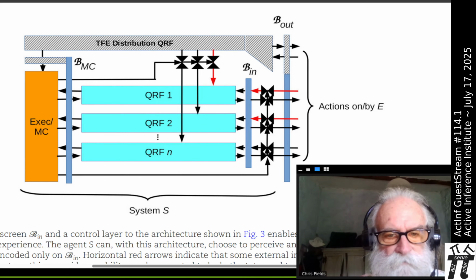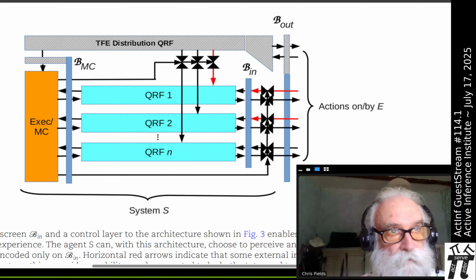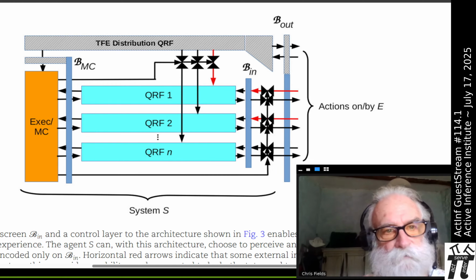So, for example, we know that one symptom of some sorts of schizophrenia involves uncontrolled imaginative experience or failures of what's called the reality monitoring system, confusion between internally generated experience and externally generated experience.